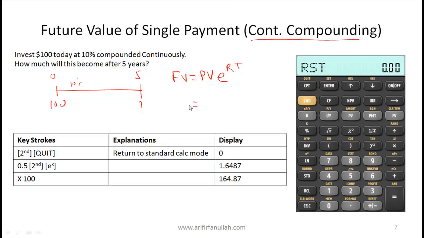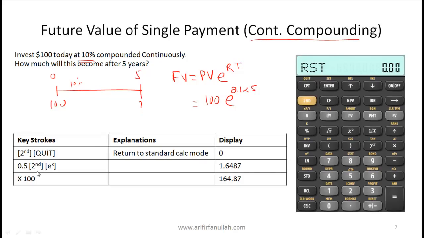So what's your present value? Present value is 100. And r is 0.1, so you actually put in the decimal version of the rate, and t is 5 years. So 0.1 times 5, which is 100 times e to the power of 0.5.